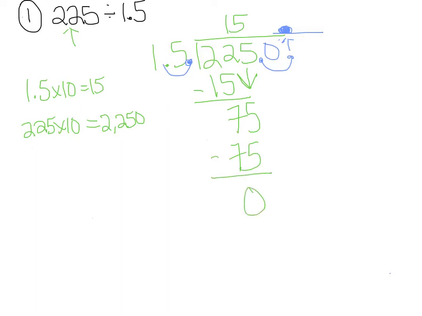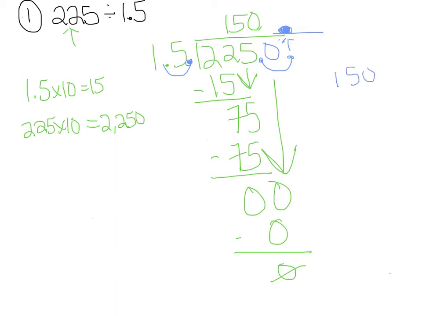Now I'm not done because I have to bring down the 0. 15 does not go into 0. And now I am done. My answer is just 150. You don't have to include this decimal point. You could put 150.0, that's fine. But just 150 is the correct answer.